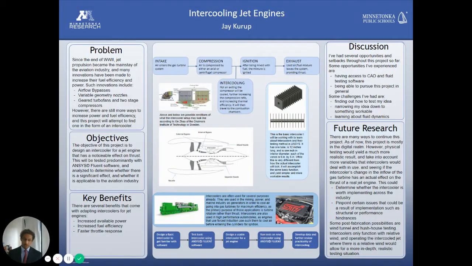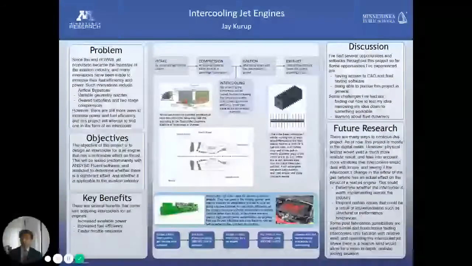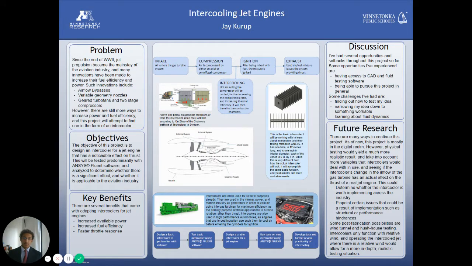When you test a physical model, pretty much every single variable that comes into contact with that intercooler can be tested, whereas in ANSYS, it's conducted on a very ideal basis. Taking into account those inefficiencies would yield a more accurate picture of whether intercooling is actually practical.